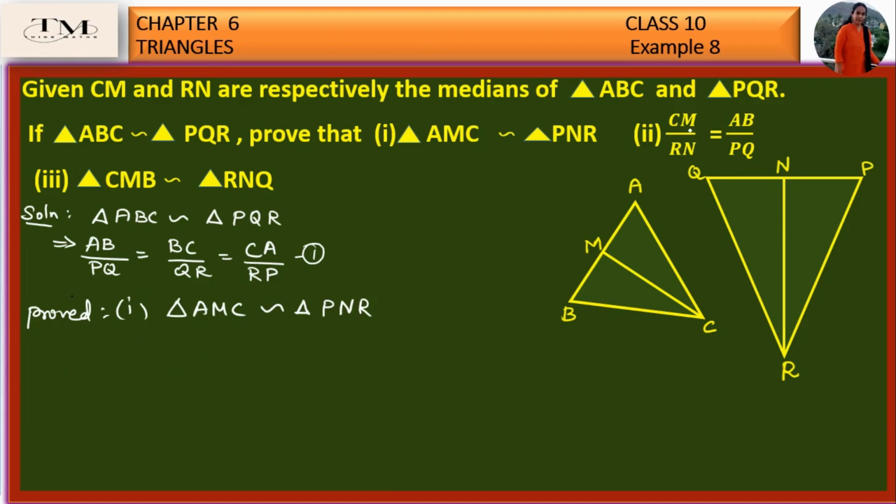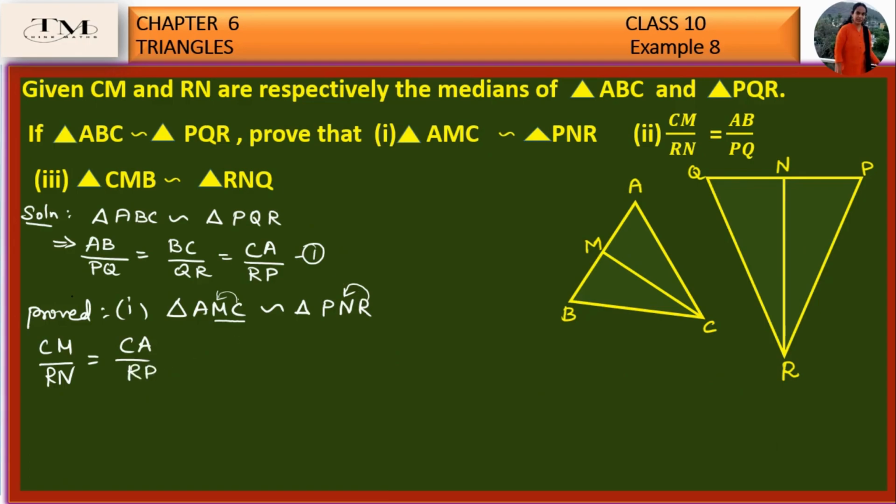So we have CM by RN. Let me choose this CM. For this CM, what is the corresponding side? RN. So CM by RN, we have to prove AB. We don't have AB here, so let me use CA. If I choose CA, its corresponding side is RP.